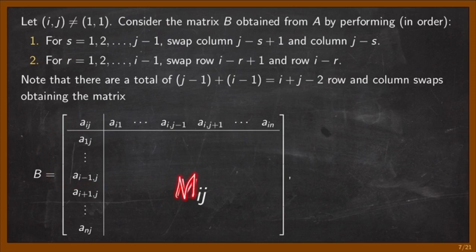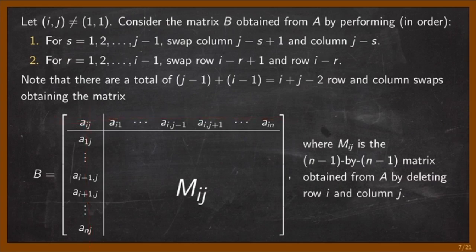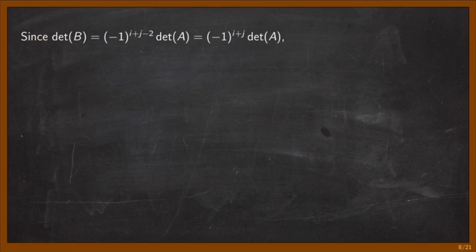Whatever is left here, how do we describe the matrix Mij? The matrix Mij is just a matrix of size n minus 1 by n minus 1 because it lacks one column and one row. It is obtained by simply deleting row i and column j.